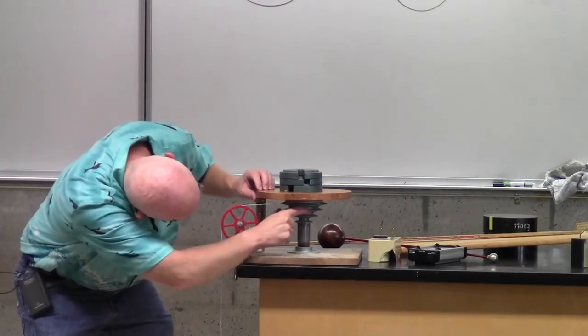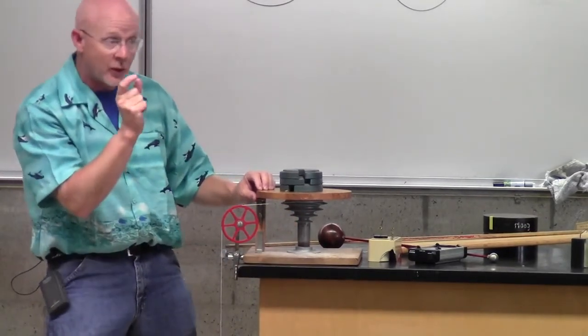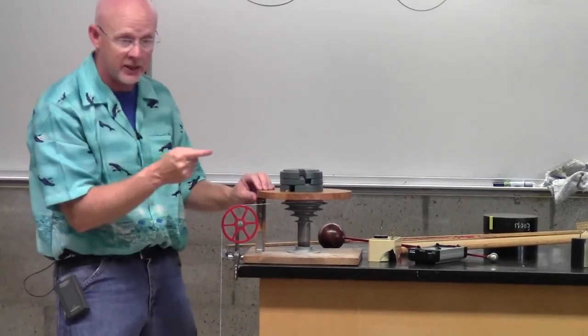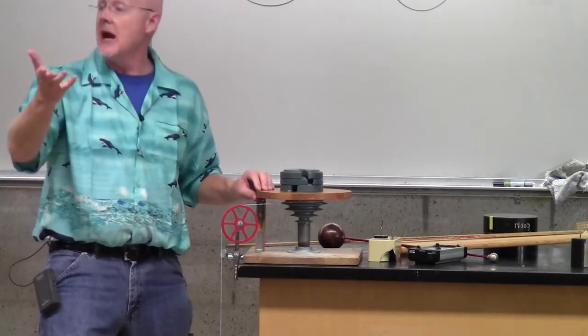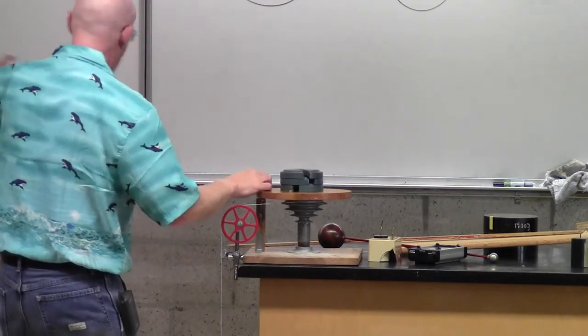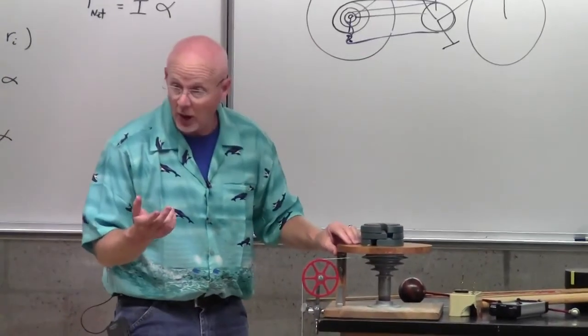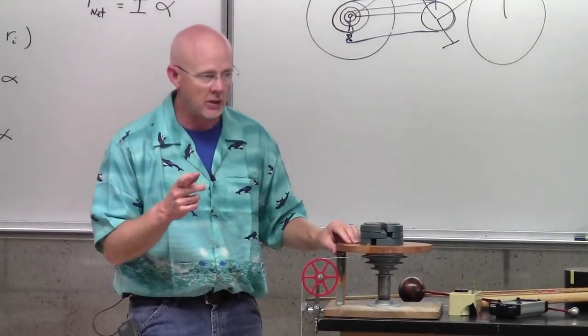Then it is the distance or the radius of that top pulley, which is the R. The string is coming off at 90 degrees, so the sine of 90 degrees is 1, and that's the torque.